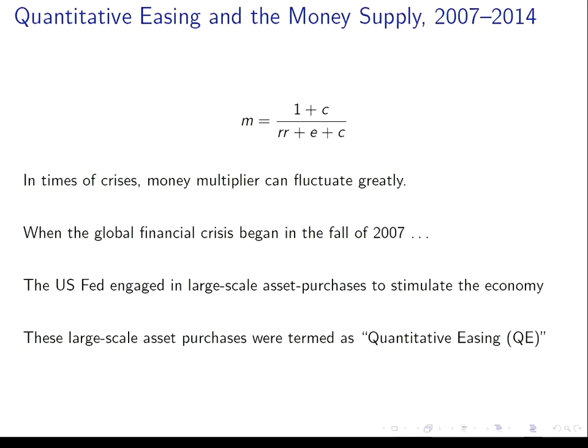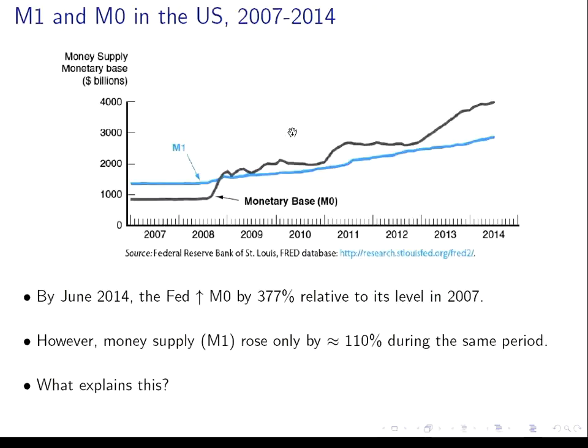Between 2007 and 2014, the Fed increased reserves by a large amount. This large-scale asset purchase program was termed quantitative easing. By June 2014, the Fed had increased the monetary base by nearly 400%.